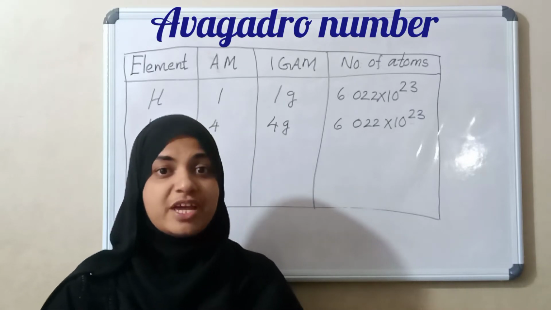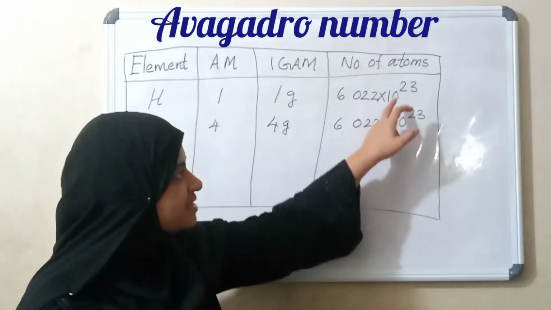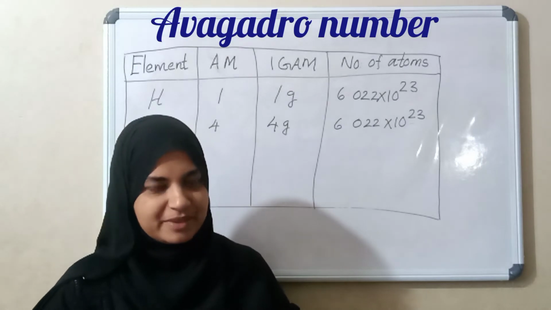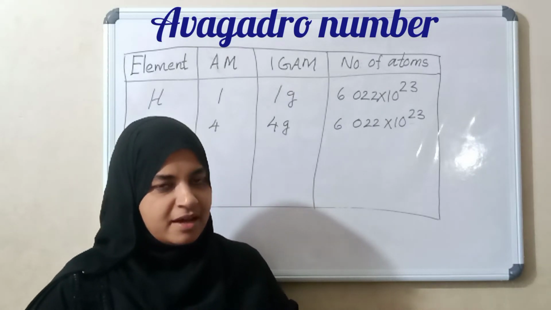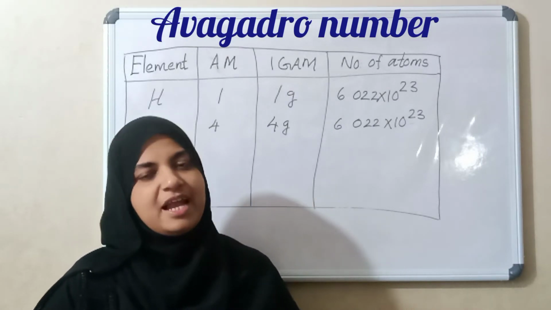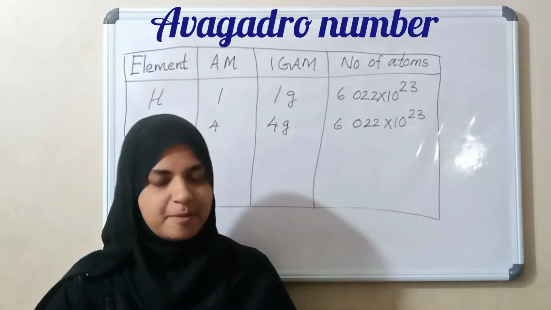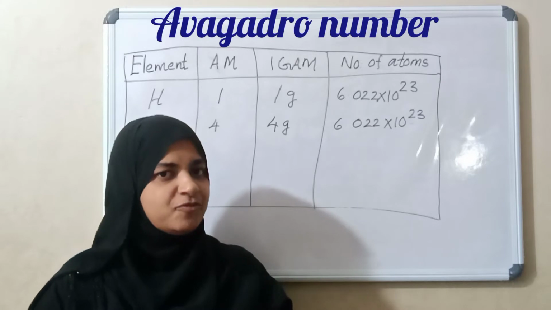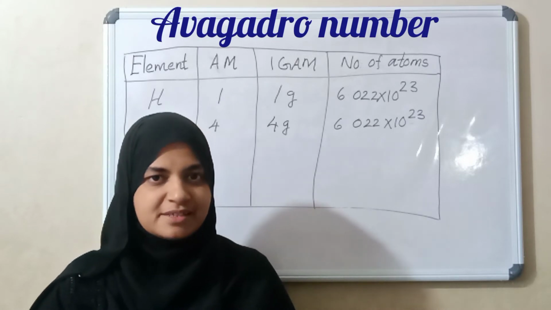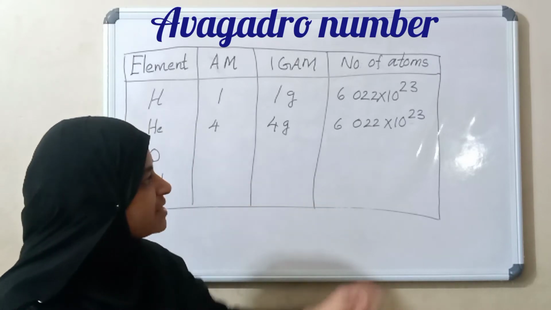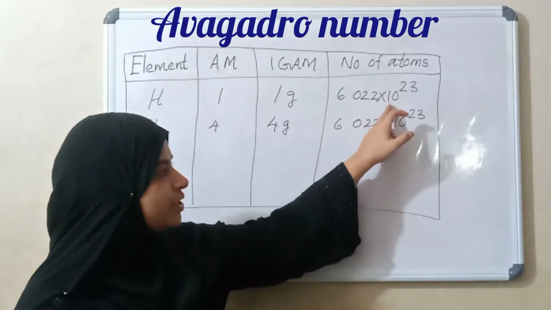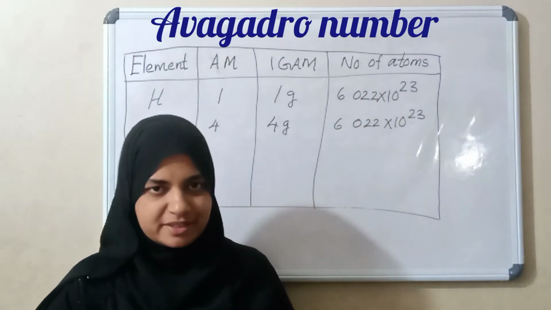Yes, it is a very big number because it is 10 raised to 23. That is, any element which is taken in GAM, then that 1 GAM contains how many atoms? 6.022 × 10^23.